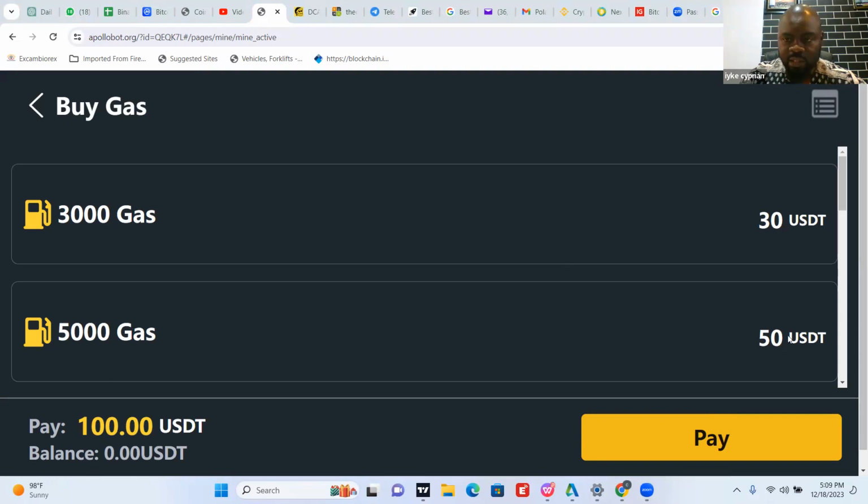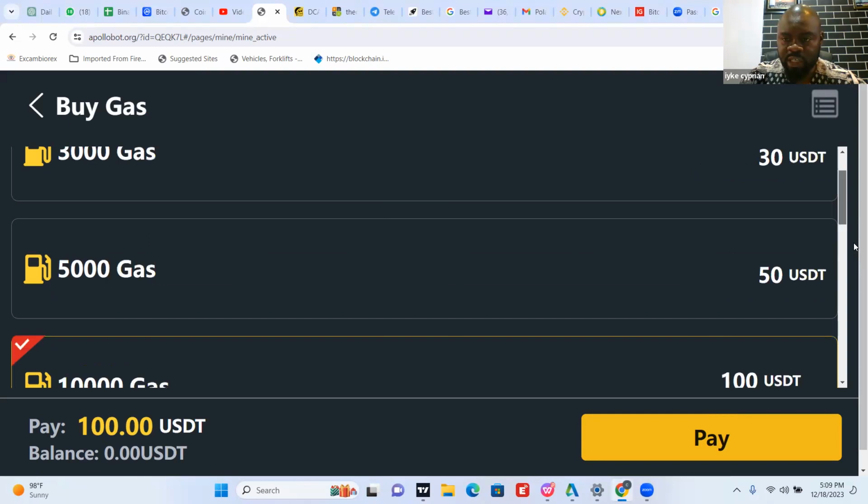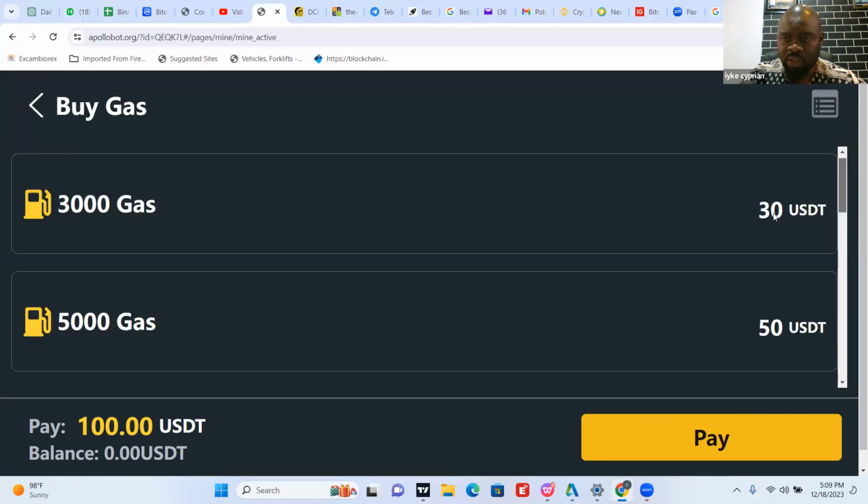You see $30, $50. According to the gas you've loaded, from $100 you get some bonus. So you tap on $30, then you tap on pay, at the bottom. Once you tap on pay, your USDT is converted to gas. Now the robot is good to trade, so you're good to go.